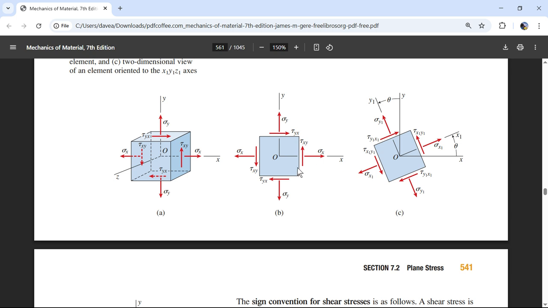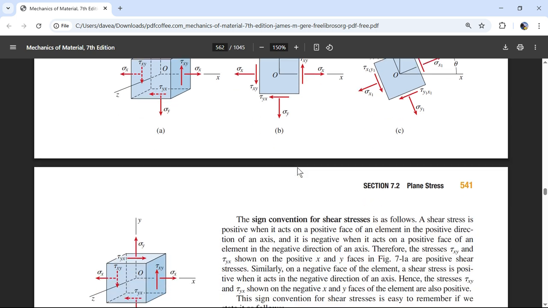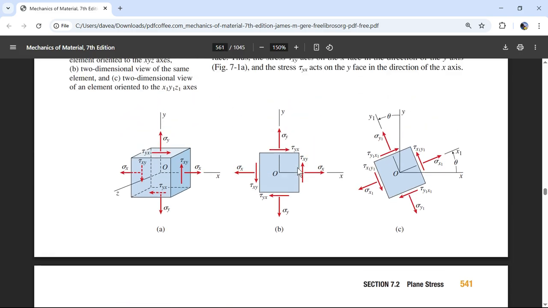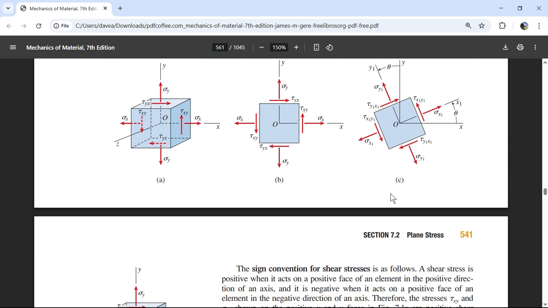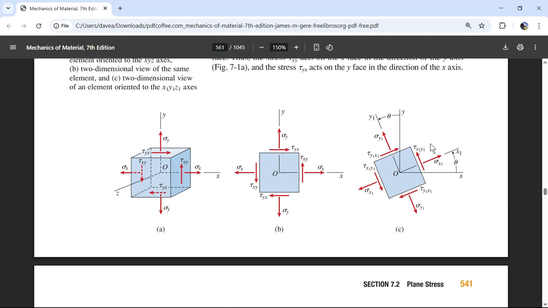Okay, so what we need to do is take these as givens.